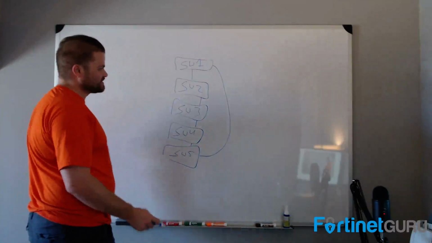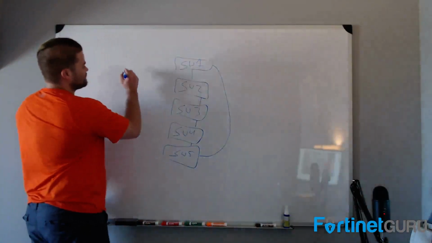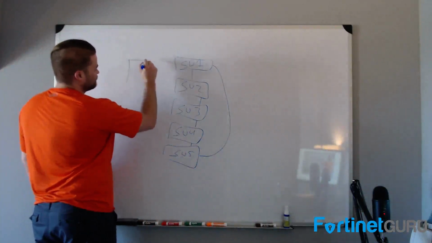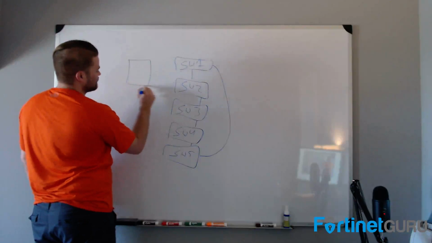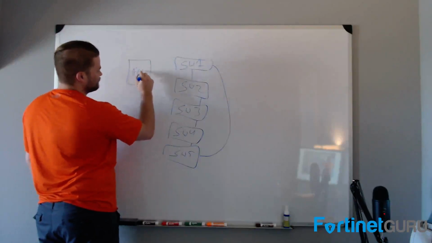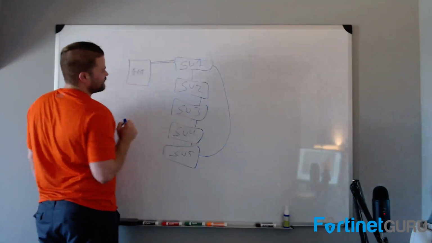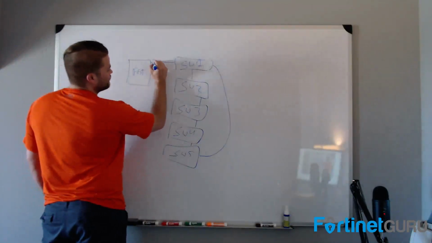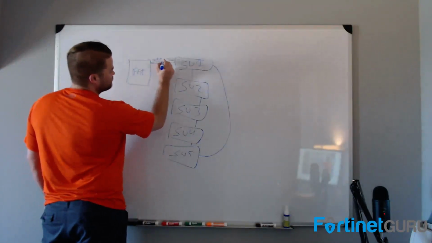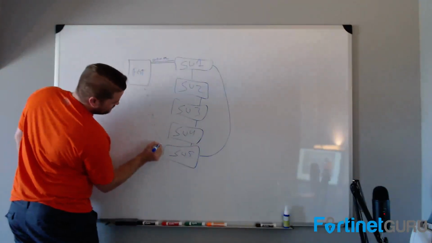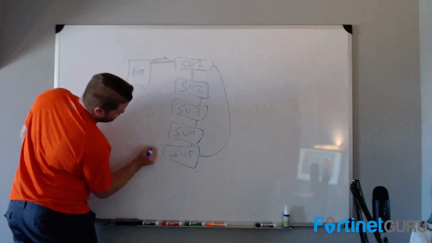And then from the Fortinet side of things, I'll draw this over here, and I'm only going to draw a single FortiGate. Let's say this is our FortiGate. This will be the primary link. This is your active FortiLink. And then this will be your standby.